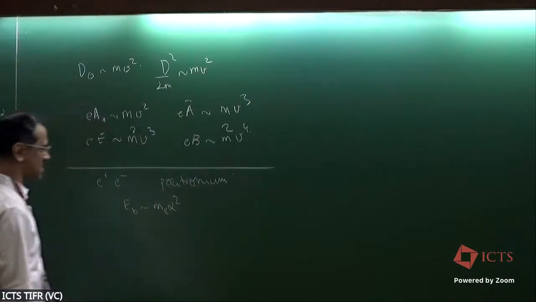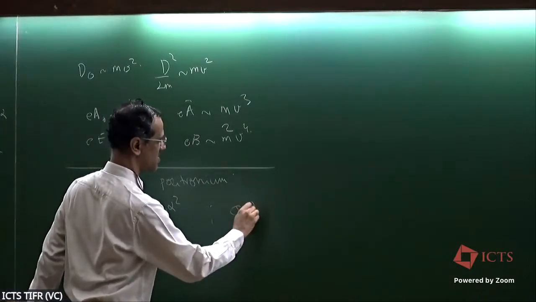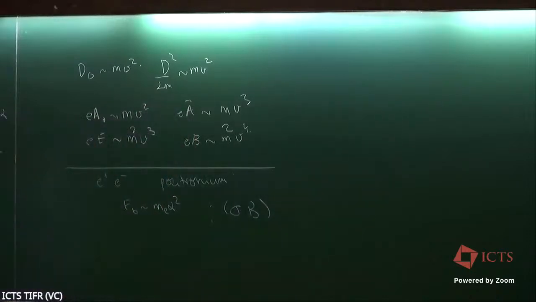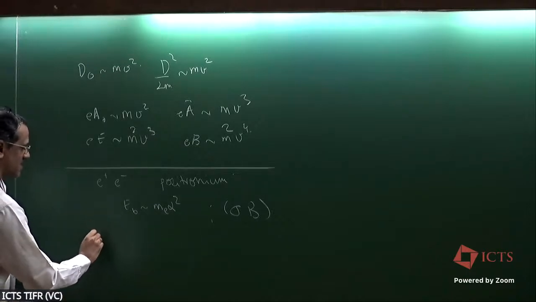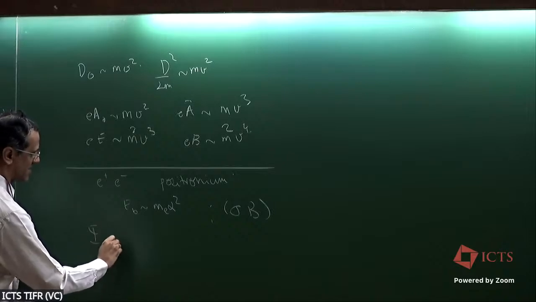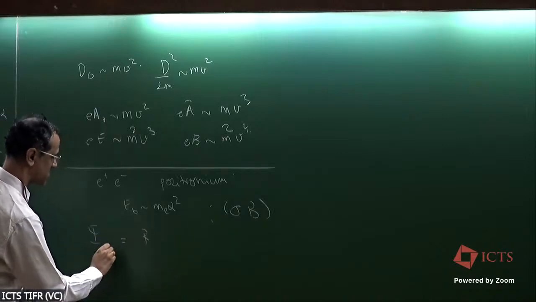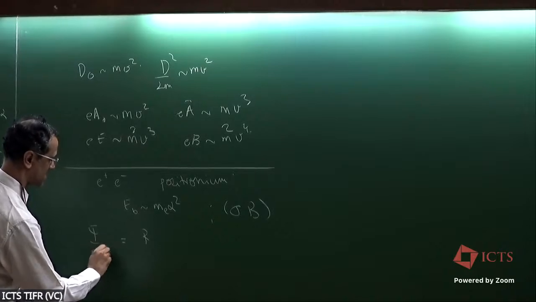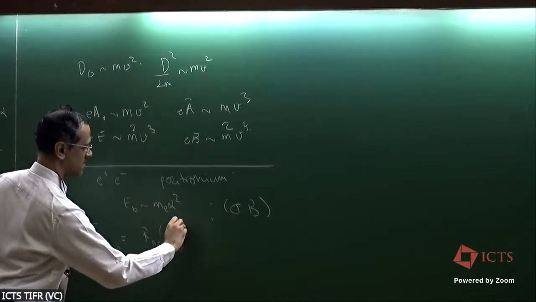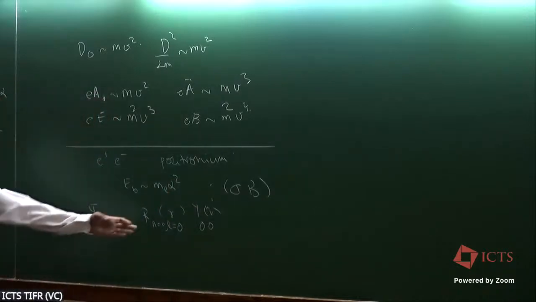Now where do these higher order terms play a role? Well, we know that sigma dot B will give you a splitting between two states of this kind. So let's say I'm in the ground state with psi, n equals 0, l equals 0, Y_00.